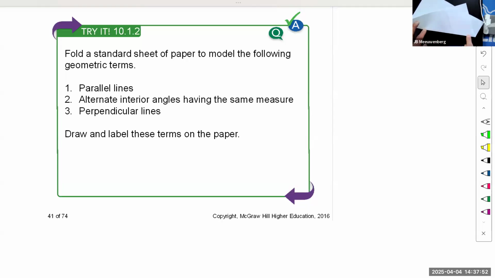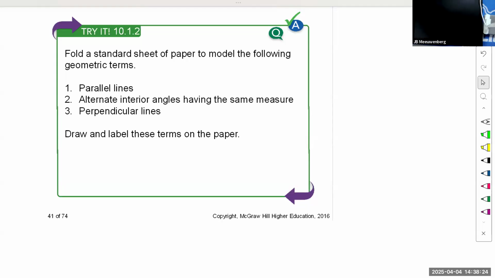Pick a random angle to fold it at, unfold it, and what we're going to see here is this new line that appeared across them. And again, we can see, use a highlighter, that this section right there is going to be the same as that section right there. Those are alternate interior angles.